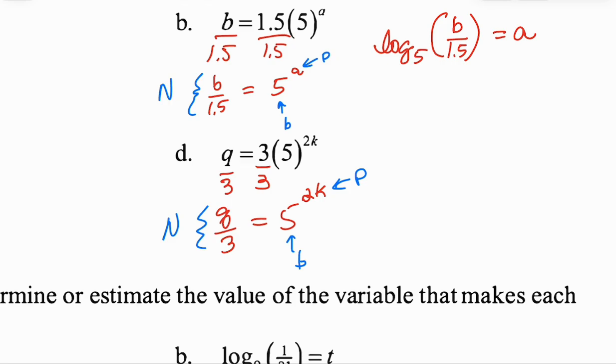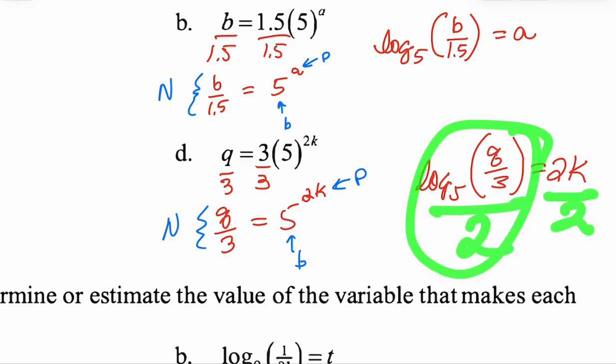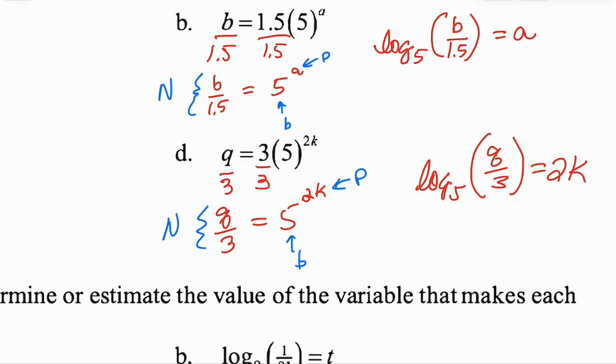It's like multiplication versus division. So the log base 5 of that number, Q over 3, is equal to my power, 2K. Now, if you were solving for K, you would at this time divide by 2. But you can't combine those things, so you just put it over 2 and say that's my answer. You can't really go any further.